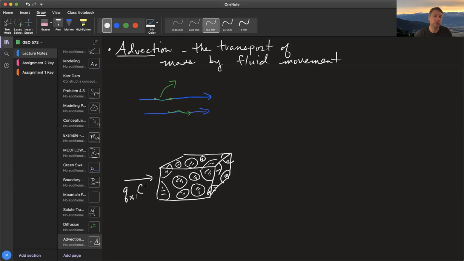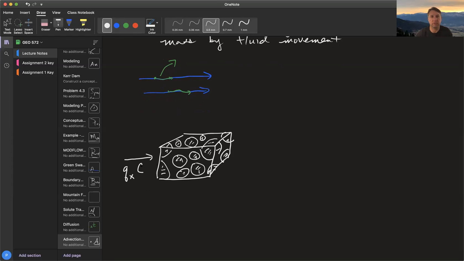Now let's think about the units of Q times C. We did this already, but remember q is the discharge Q over the area A. If Q was in meters cubed per time, per meter squared, which is the area, and our C was moles per meter cubed, we would get moles per meter squared per time, which is a molar flux.